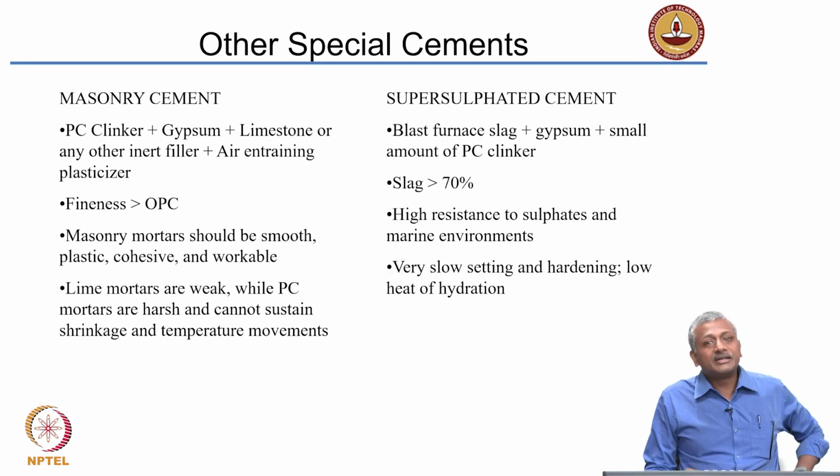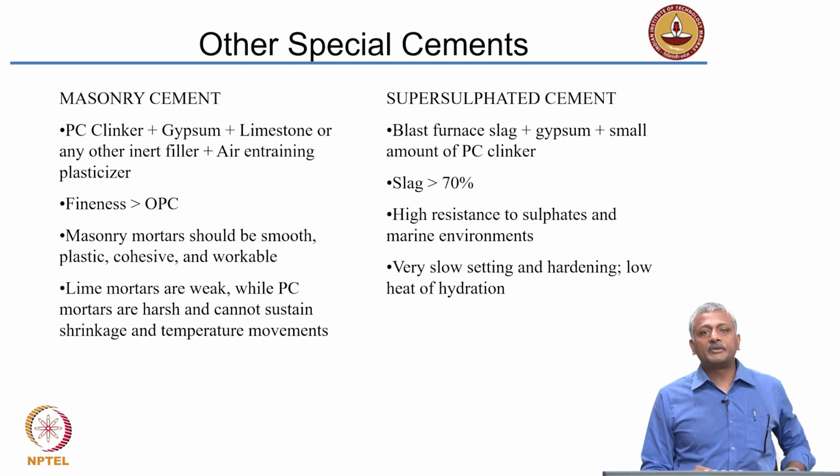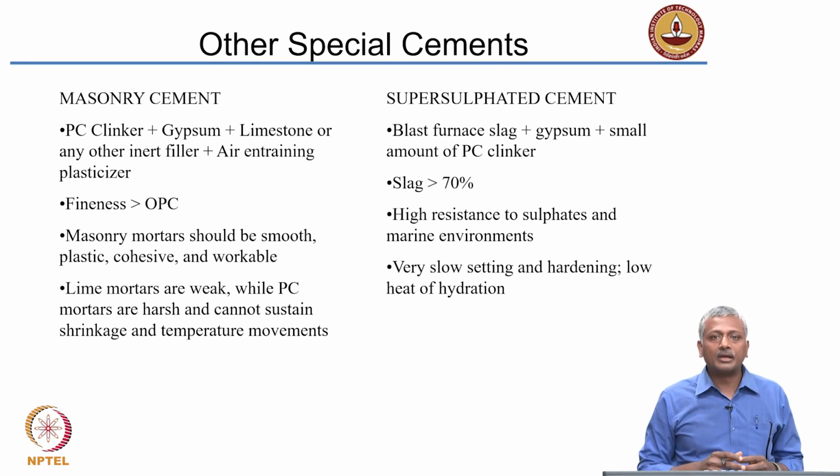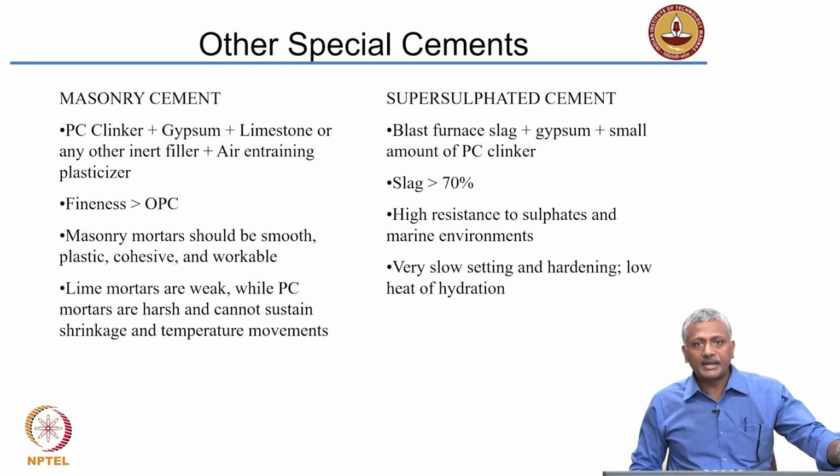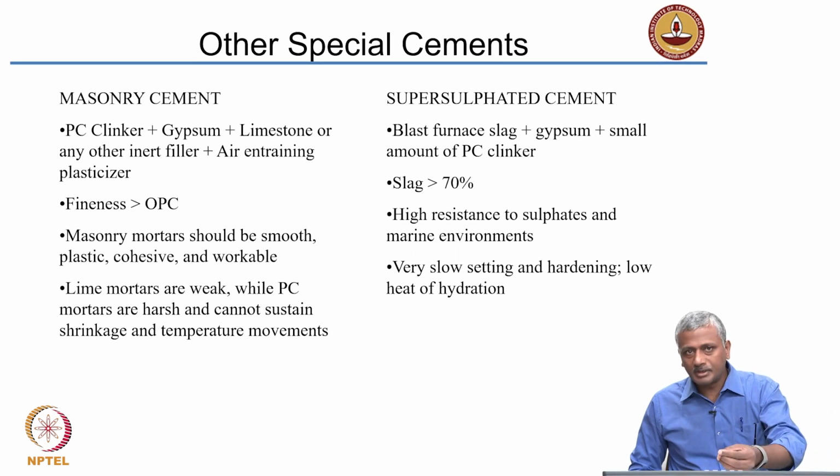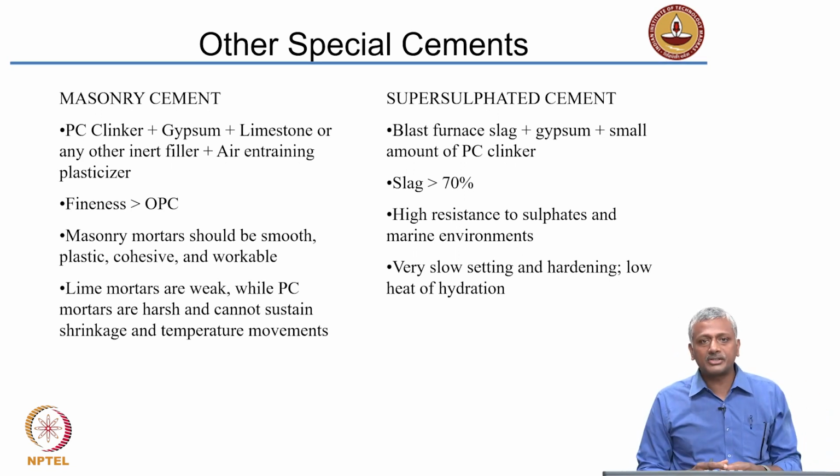Sometimes you may also, in some markets, have special purpose cements for masonry applications, okay, where we don't want to use lime, and we don't want to use normal cement because it produces very high heats of hydration and can cause cracking of your plaster, for instance.